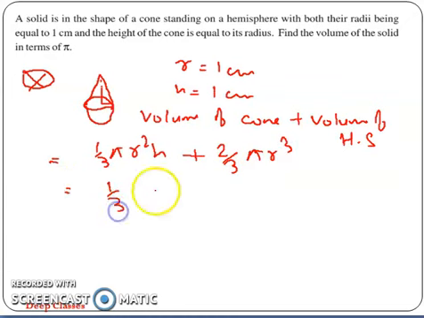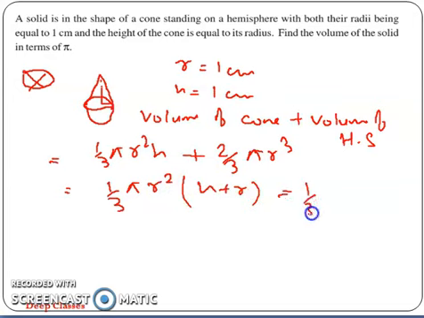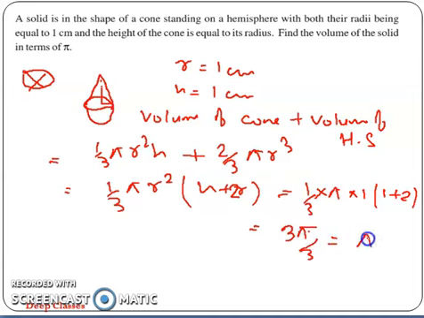We can take 1 upon 3, r square and pi common, so we can write here h plus 2r. Now 1 upon 3 pi, they ask us to leave pi as it is. Radius is 1 and, sorry, there is 2, I missed it. So h is 1 plus 2. So it's 3 pi upon 3, which is equal to pi centimeter cube.